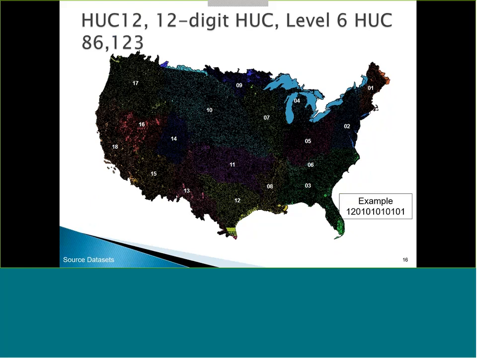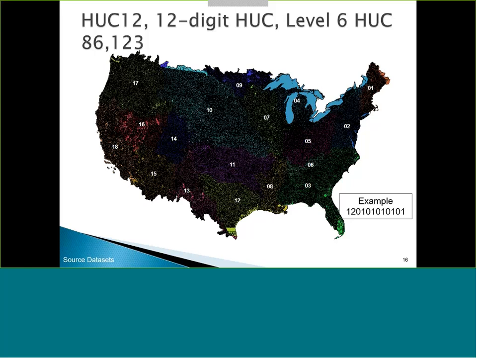These are the boundaries that we used as drainage divides when building NHD Plus. You'll notice that there are areas, the average size of a HUC 12 is anywhere from 42 to 160 square kilometers.